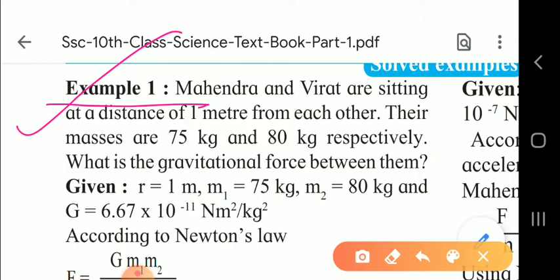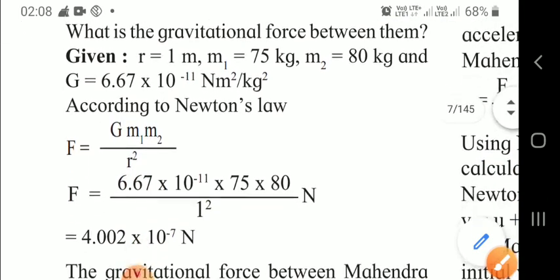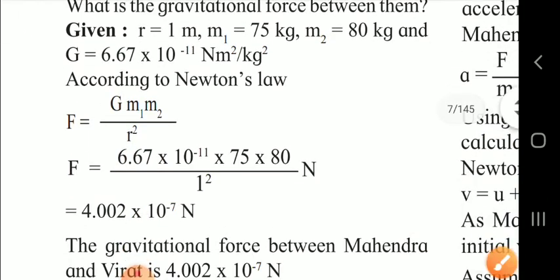That is 6.67 into 10 raised to minus 11 Newton meter square per kilogram square. According to Newton's law, F is equal to G m1 m2 upon r square. You can see your formula, children.